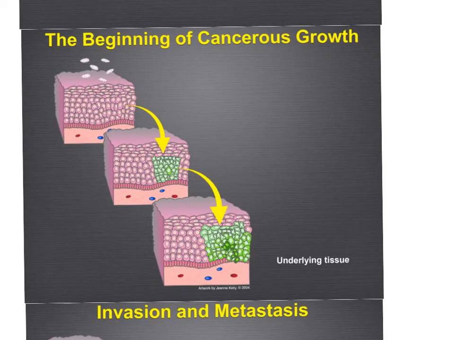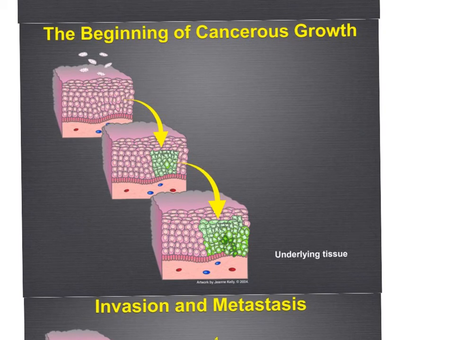This doesn't always happen, but it can. So as you can see, if this is our normal epidermis, so this is our sort of skin layer here, one of these cells will mutate and become a tumor. And so that's with uncontrollable division.